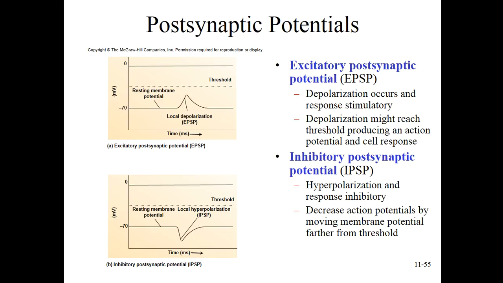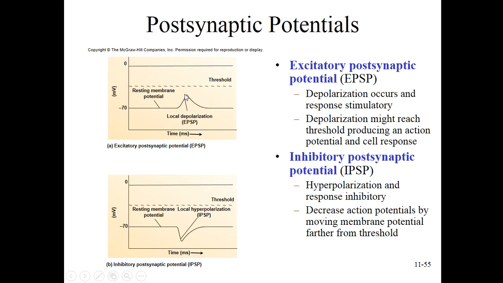Here's how we would graph the effects of an excitatory neurotransmitter. Like the animation we had seen, or the illustration we had looked at just a few minutes ago, when we open the sodium channels, it allows sodium to rush in, causing a little local depolarization.